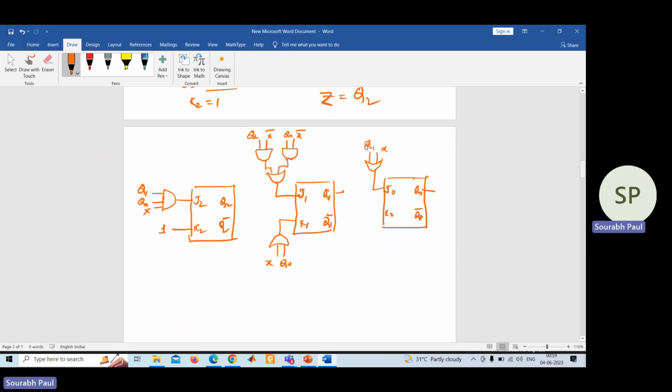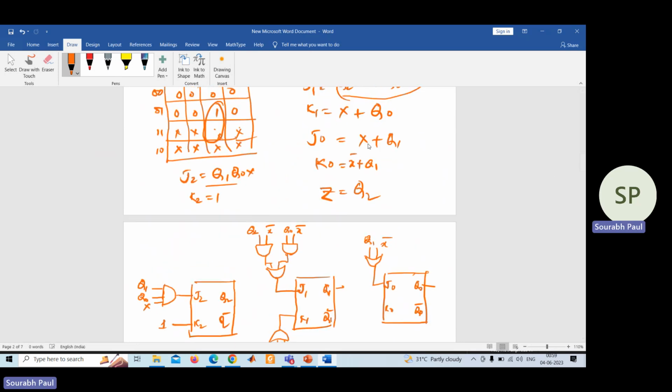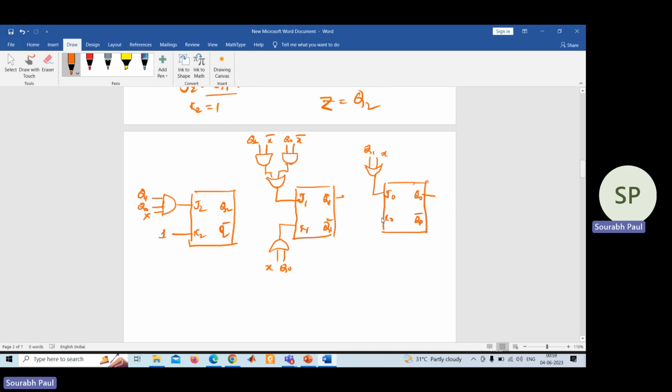K0 is X bar plus Q1, so we need to use one OR gate with X bar and Q1. Right? And what about Z? Z is your output that you need to take from Q2.